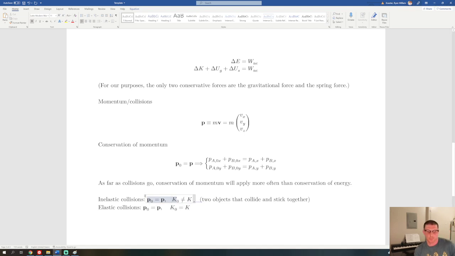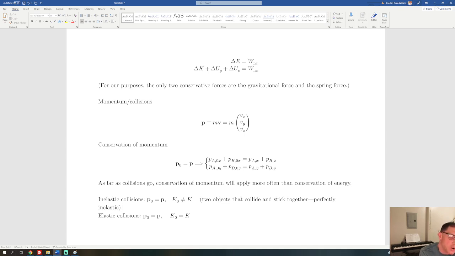So these are the two different types. And you could talk about perfectly inelastic, which I guess is this, or completely inelastic. But here's the point: who gives a damn about the words?